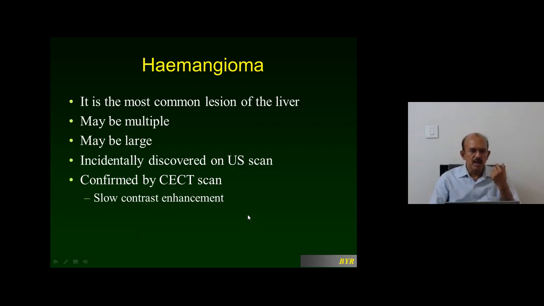Hemangioma is a vascular anomaly. Is it an arterial anomaly, venous anomaly, or capillary anomaly? Hemangiomas can be of any three types: arterial hemangioma, venous hemangioma, and capillary hemangioma.